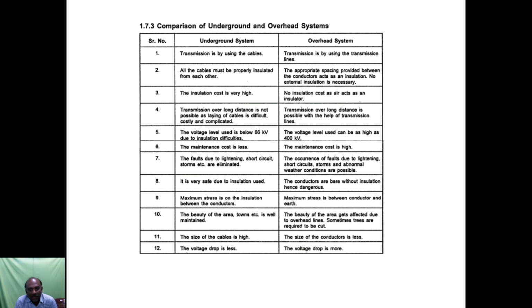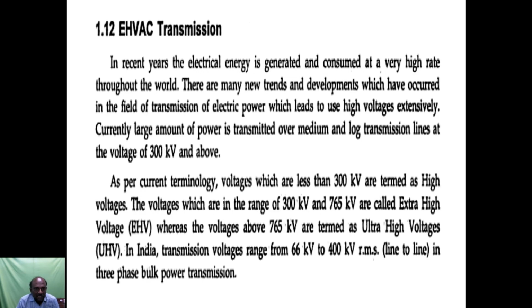But the overhead system affects the communication lines and also the trees, so it is easily affected by the environment. The size of the cable is large while the size of the conductor is smaller. The voltage drop is less in the underground system, but in overhead the voltage drop is more. In this way, we can compare the underground cable system and the overhead conductor system.